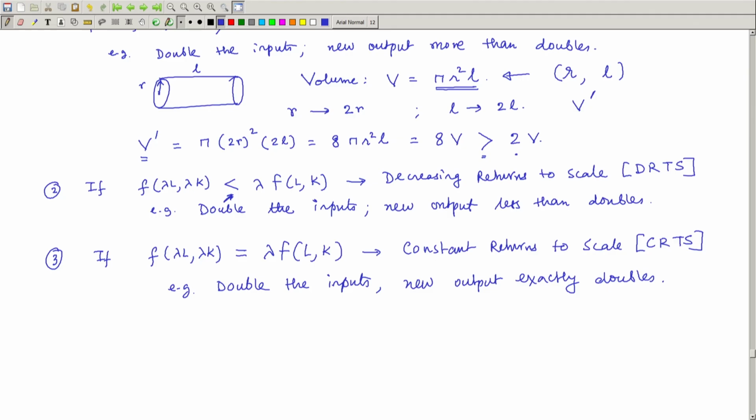So, suppose you have a call center, right. You have one office and there are a certain number of people who are working in that call center. So, the output is based on the number of calls that are being handled. Now, you open one more office, right. So, you have doubled your inputs, which are the labor and the office.